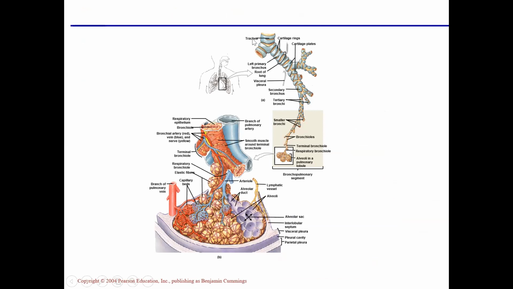Right here in this picture, it shows more details. So if you look here, is the trachea right here. Okay, the key characteristic of the trachea is that it has these cartilage rings. All right, the hyaline cartilage rings, in a C shape. Most of them are in the C shape. Okay, so it's solid on the anterior part, but it's not a complete circle. So in the posterior part, there's a gap between the cartilage rings. So that's the trachea.